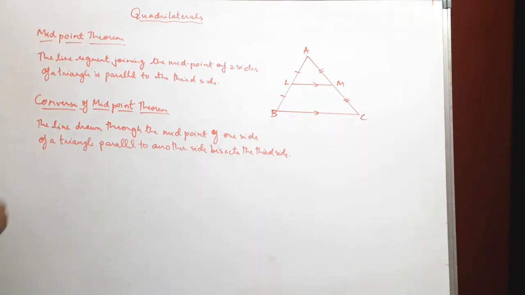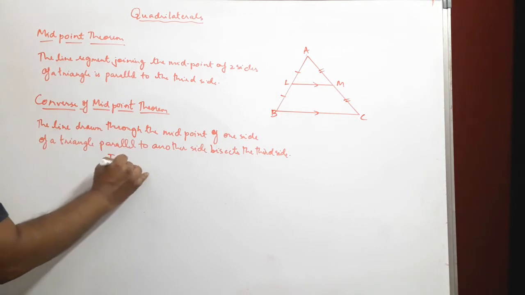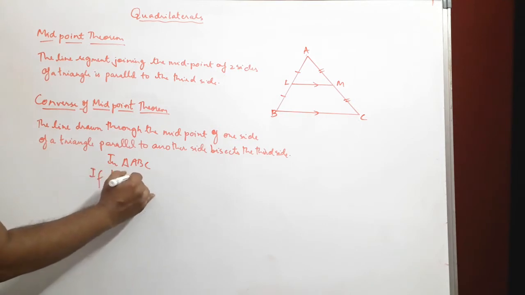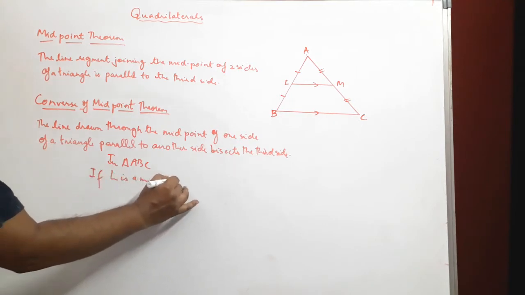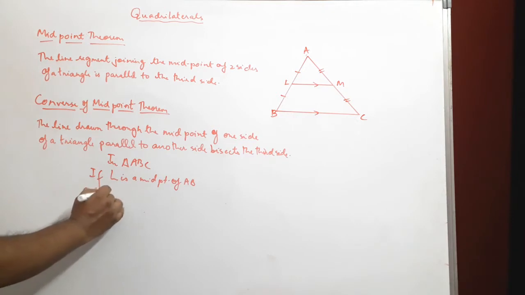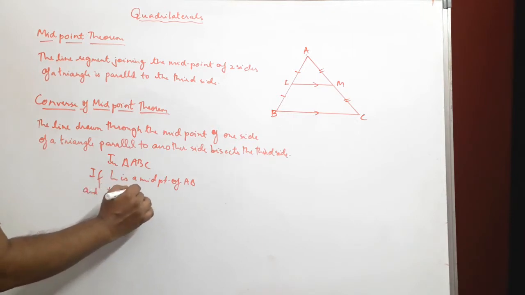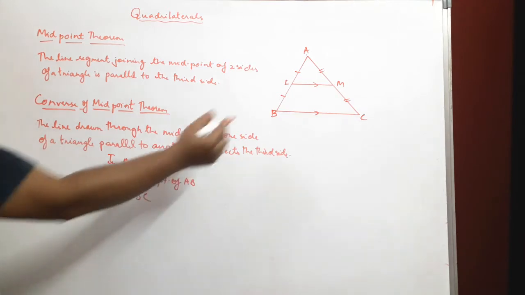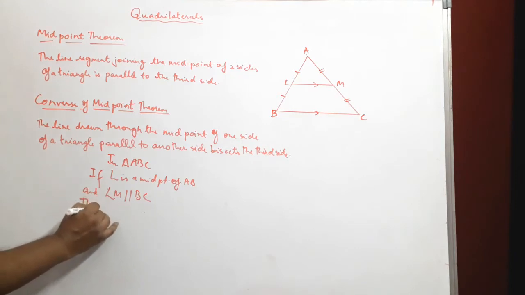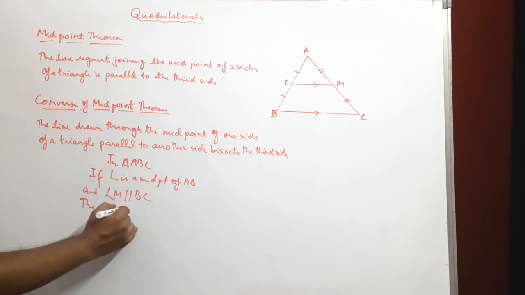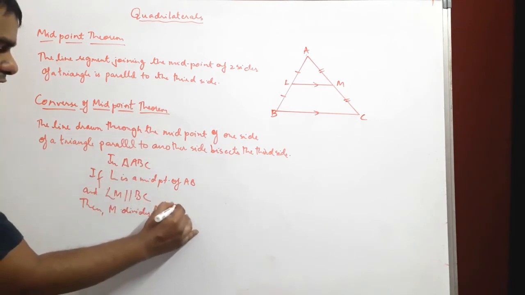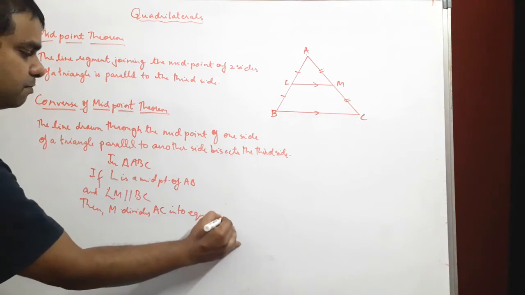So to put it in perspective, in triangle ABC, if L is a midpoint of AB and LM is parallel to BC, which is the second side of the triangle in this case, then M divides AC into equal parts.